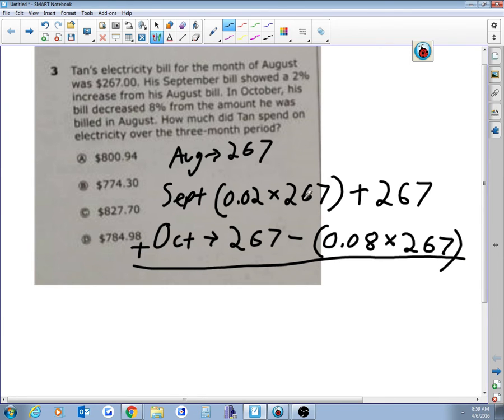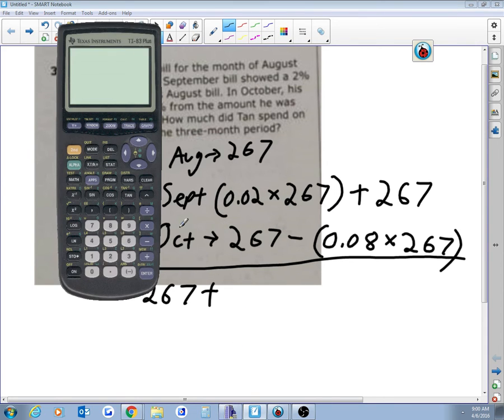So we find 2% of 267, add it to 267 for September. We find 8% of 267, subtract it from 267 for October. We add all these up, and the sum of this, so 267 plus, let's use a calculator real fast. .02 times 267.